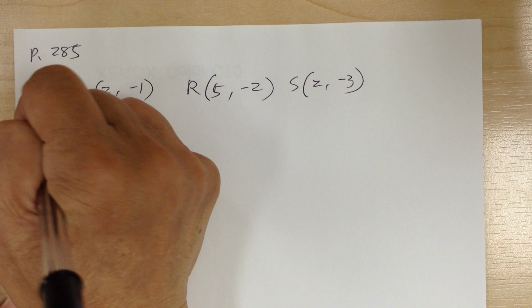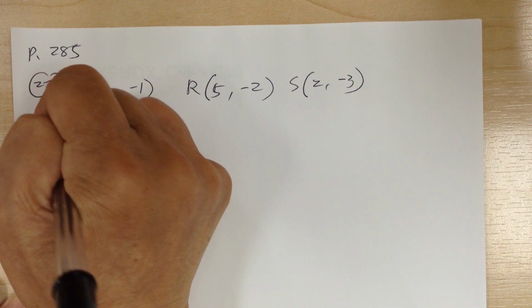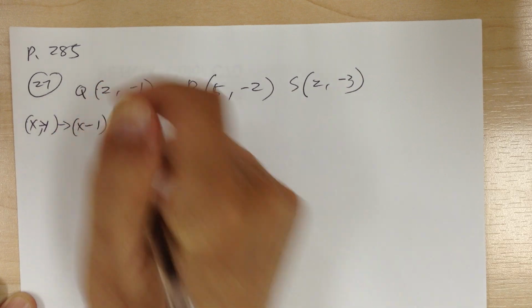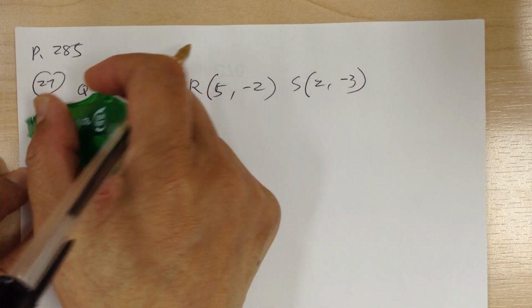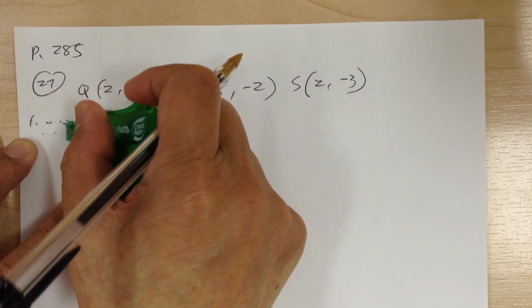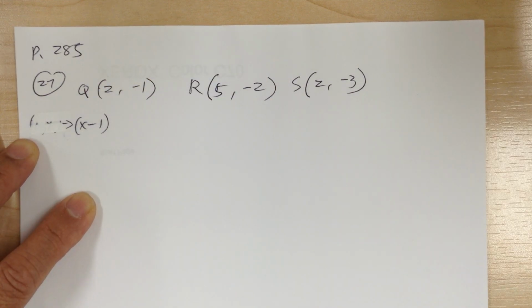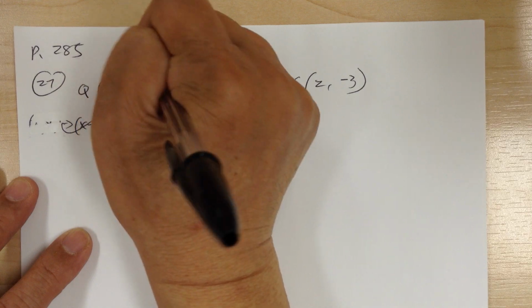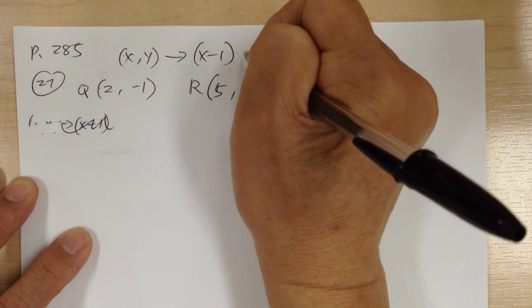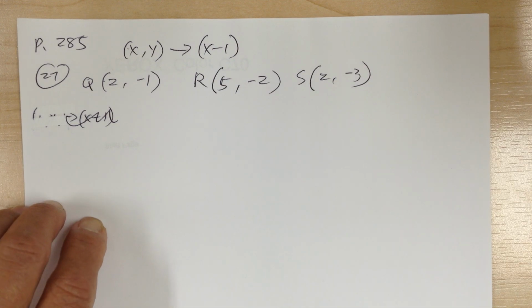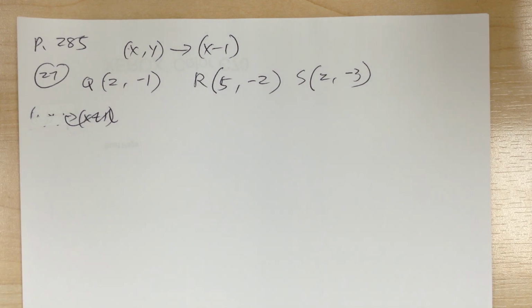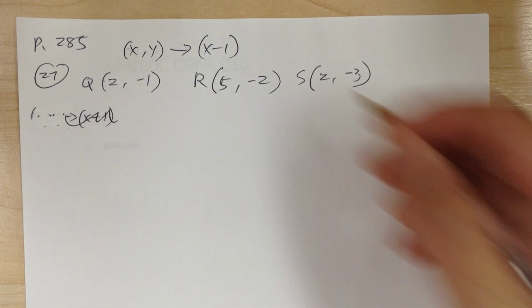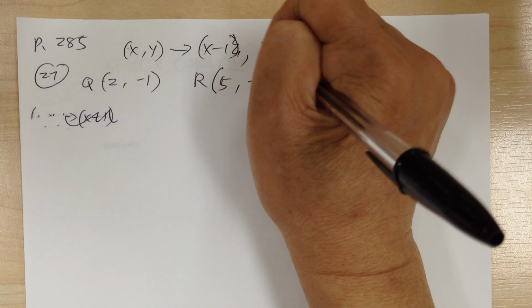Okay, you got (x, y) becomes (x minus 1, y plus 5).